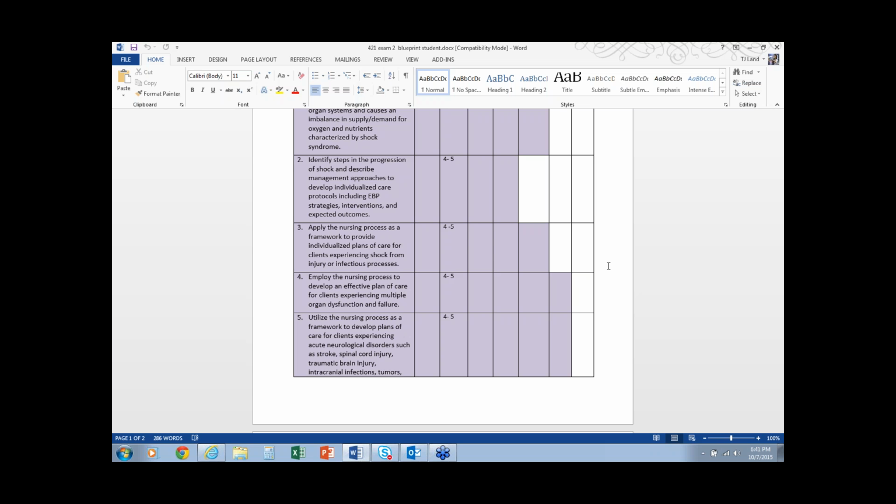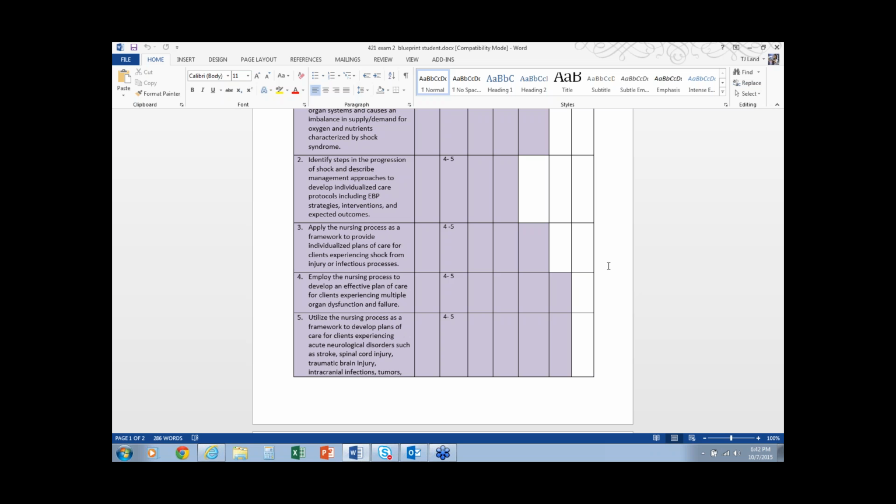So please make sure that you are familiar with your sepsis criteria. Are we hyper or hypothermic? What's our heart rate? What's our respiratory rate? And do I have 2 or more of those? And if I do, then that is criteria to suspect sepsis.